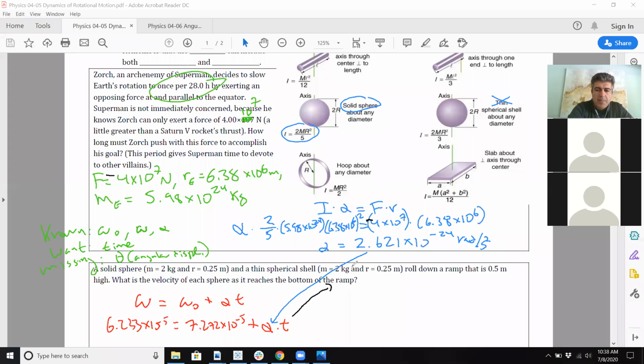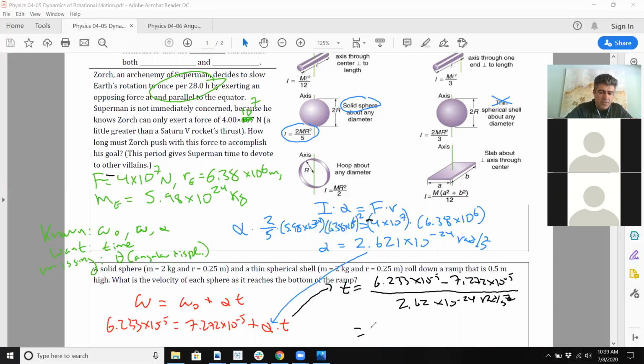So my time will be 6.233 times 10 to the negative fifth minus 7.272 times 10 to the negative fifth, all over alpha, which I got is 2.62 times 10 to the negative 24 rads per second squared. And the velocities are rads per second, so you're going to wind up getting seconds at the end. So we work all this out.